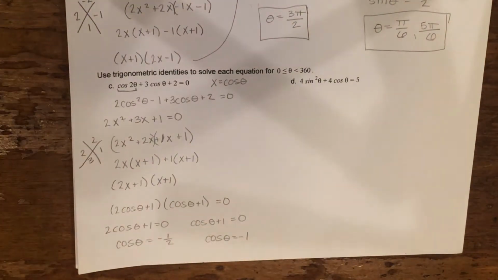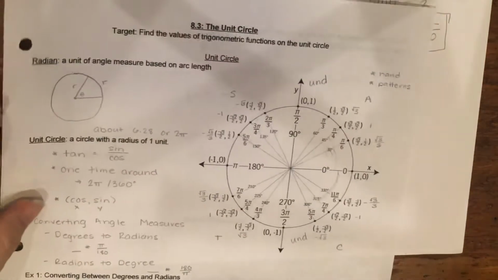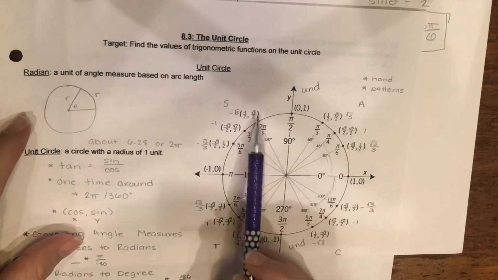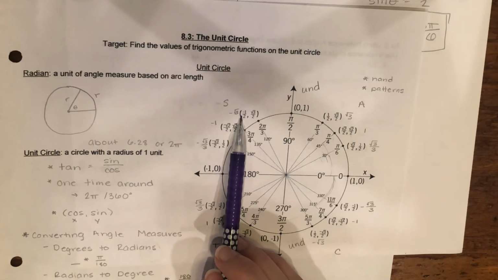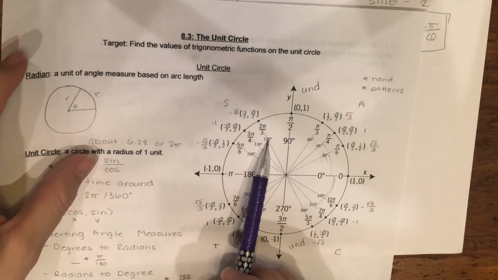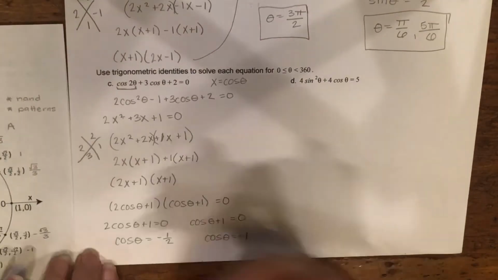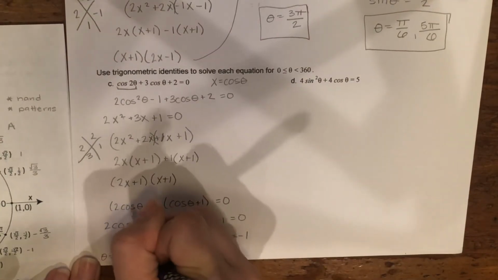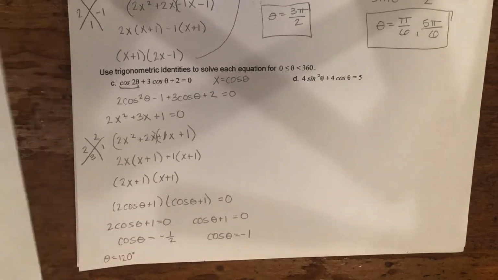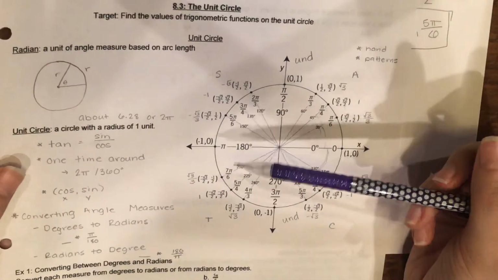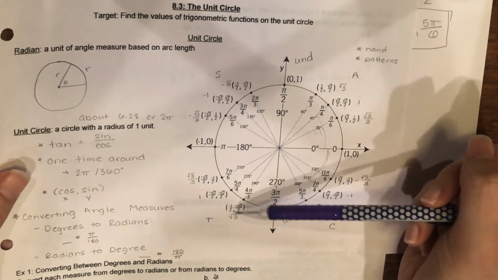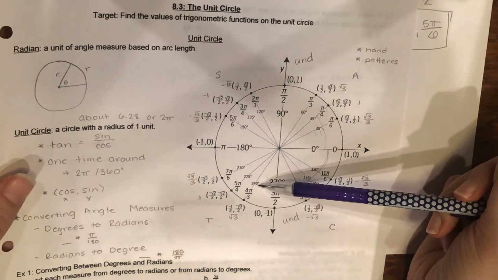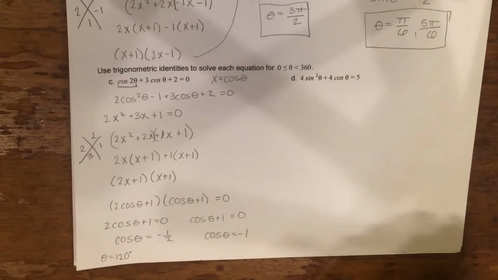Okay, looking at my unit circle, cosine equaling -1/2, which would be right here. Only thing with this though is we are working with degrees, so it's going to be 120 degrees. So theta equals 120 degrees. Let's see if we have another cosine being -1/2. I have a -1/2 here for cosine, so then it would be my degrees, which is 240 degrees.